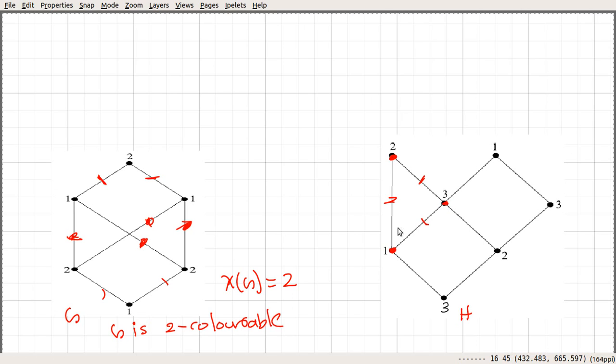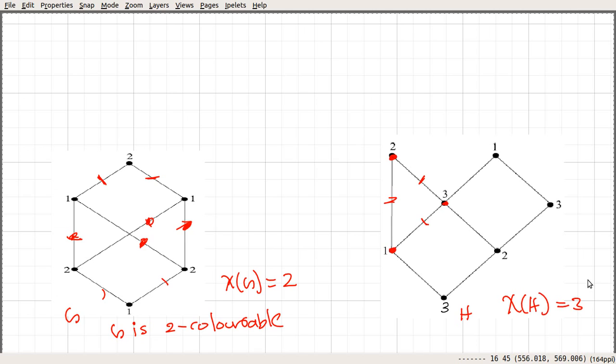So we need at least 3 colors for coloring this graph, and it can be colored using 3 colors as shown in this assignment. So the chromatic number of H is 3.